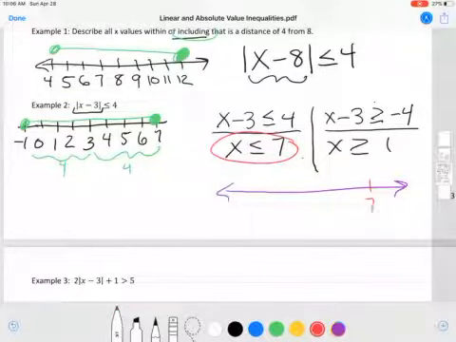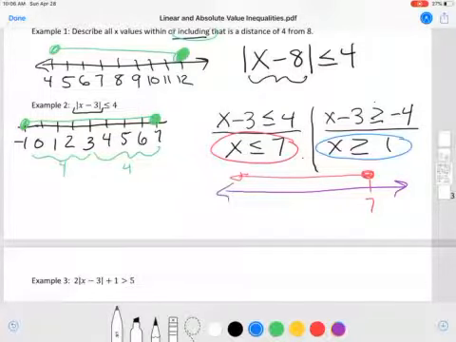So here's 7. Anything less than or equal to 7 means I'm going to fill in 7 and go to the left. Let's do this one in blue. Anything, whoops, it looks like I forgot my negative. Okay, so anything greater than or equal to negative 1 will go this way.